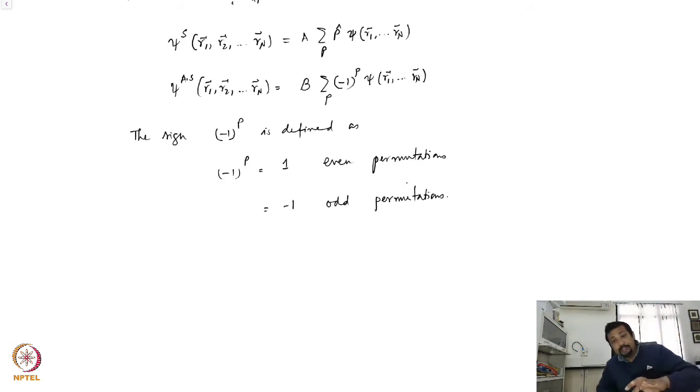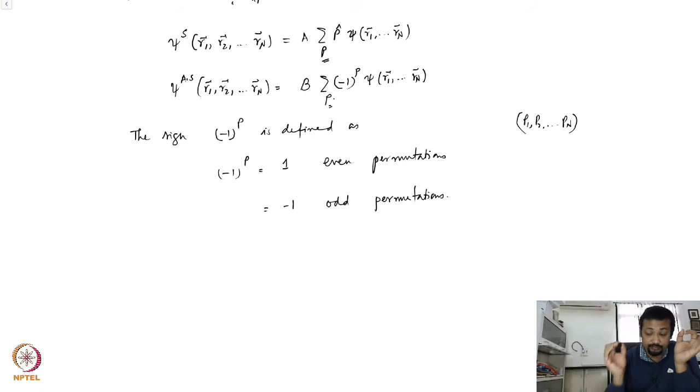Even or odd permutations refer to the number of exchanges that you need to do to obtain a certain permutation of the numbers 1 to n, right? So if you need to do 4 exchanges to get to the desired set of p1, p2, through pn, then it's an even permutation. If you need to do 5 exchanges, then it's an odd permutation, because in all these wave functions there is a sum over all possible permutations of the numbers 1 to n.